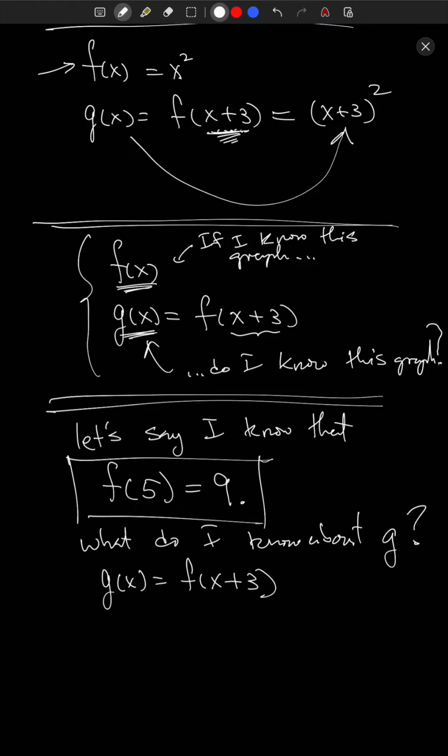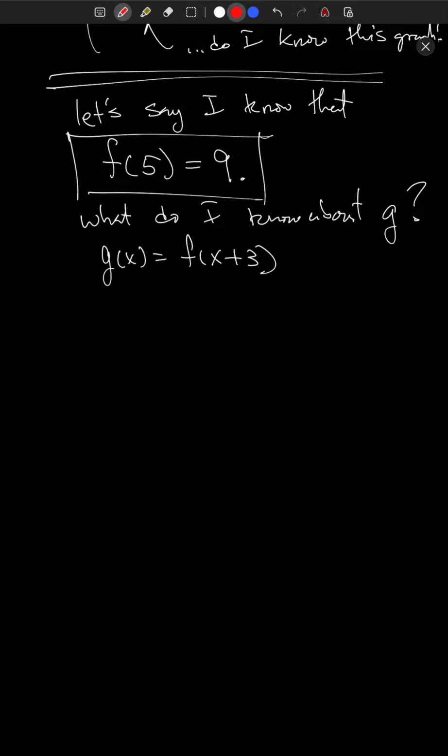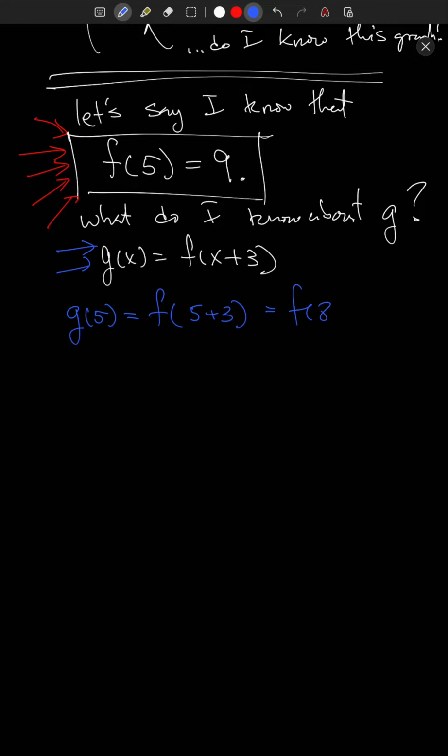Okay, so let's explore. The only thing I know right now is f of 5 equals 9. So what can I say about g? Is there anything I can say about g? Well, we can guess a couple of things. Do I know g of 5? g of 5 would be equal to f of 5 plus 3, just by the definition of g, and that's equal to f of 8.